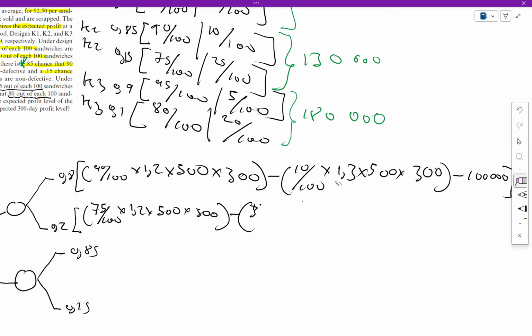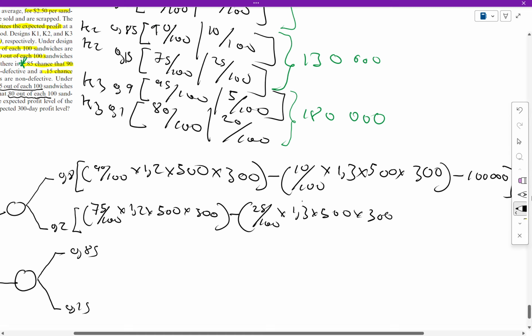Yeah, it's 25, not 35. 25 over 100 multiplied by 1.3 multiplied by 500 multiplied by 300. 300 days, 500 sandwiches, 1.3 cost of each sandwich, minus 100 thou, then close bracket. You must write your answer here.